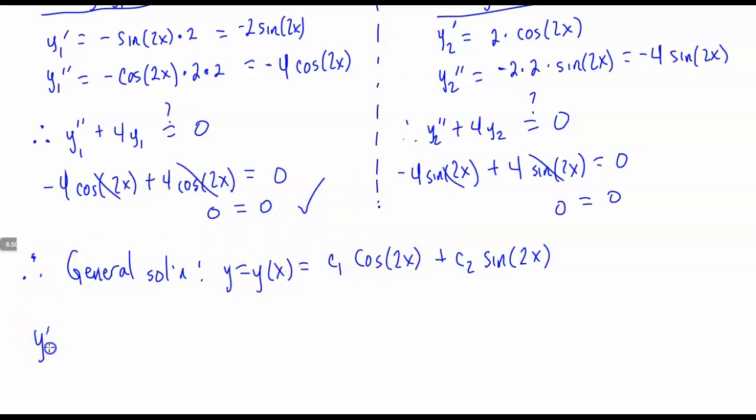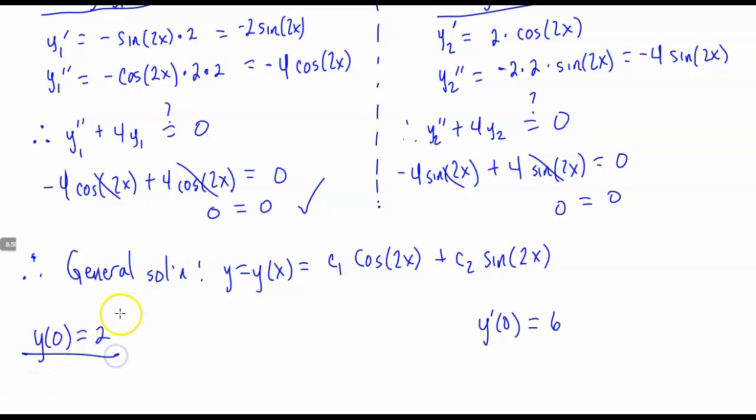We want a function that looks like this, to where the point (0, 2) is going to be on the graph. And at the same time, the instantaneous rate of change of this function when x is 0 is going to be 6, whatever units. Okay, we can say meters per second or whatever. Since we don't have that information, we won't worry about it.